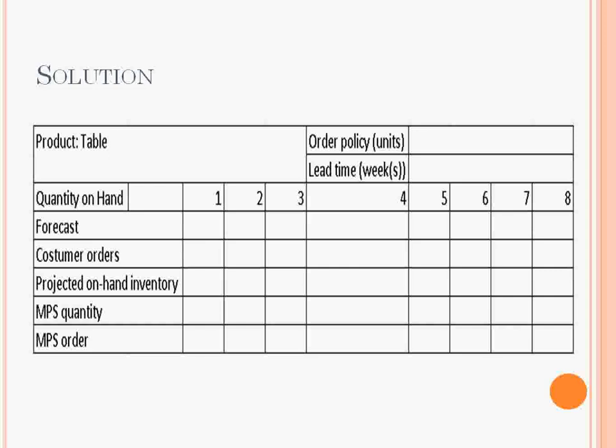First of all, let's read the text and insert the useful information into the suitable cells of the table. Our firm produces tables, so we can write table as a product. As you can see here, we know that forecasted demand is 200 from week 1 to week 4 and 220 from week 5 to week 8, so we can fill in the row named forecast.